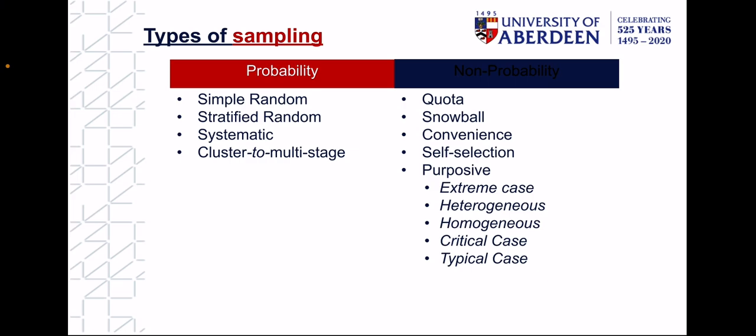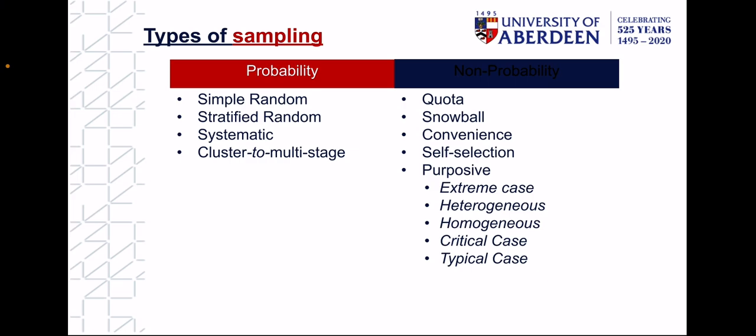This implies that for a participant to be considered as a probability sample, he or she must be selected using what we call a random selection.